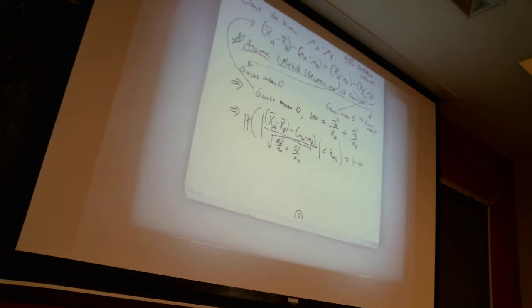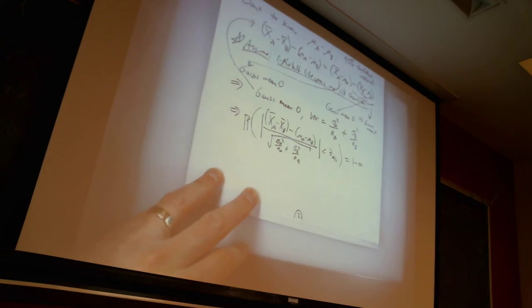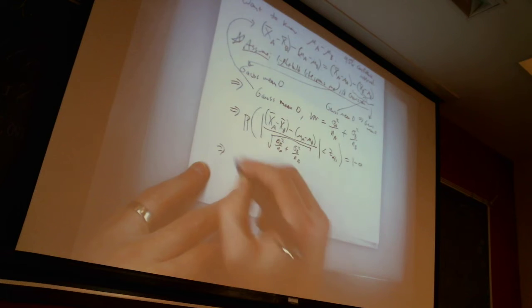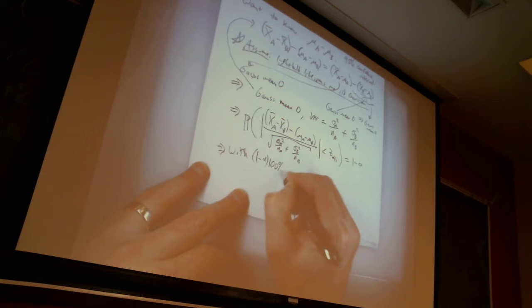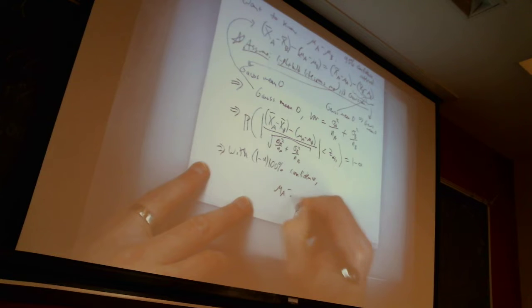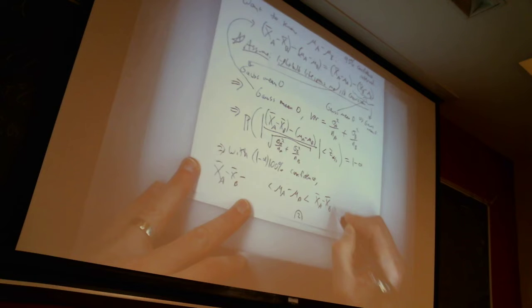So let's finish the punchline, which is how do I get an interval for this difference? I just multiply by this big factor, which implies with 1 minus alpha, times 100% confidence, mu a minus mu b lies between x bar a minus x bar b minus something and plus something.